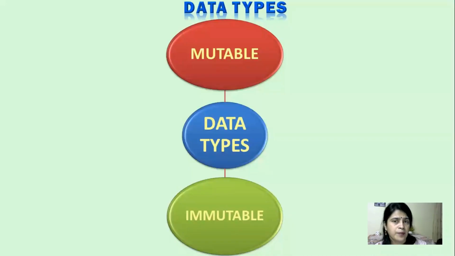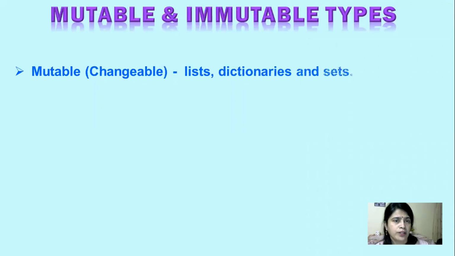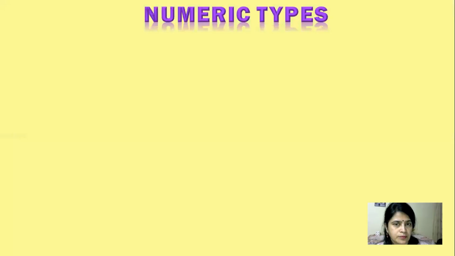All these data types are classified into 2 broad categories, that is mutable and immutable. Mutable means changeable data types which can be modified, like lists, dictionaries and sets. Immutable means non-changeable, where we cannot modify the data items, like integers, floats, booleans, strings and tuples.